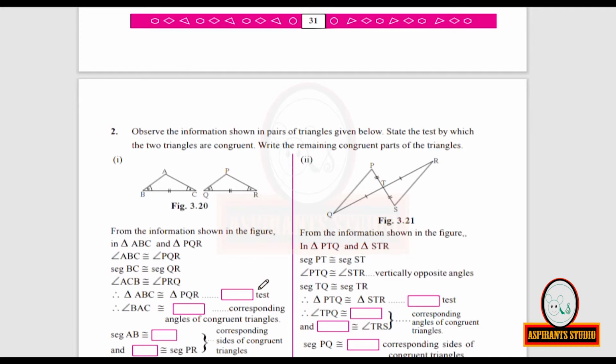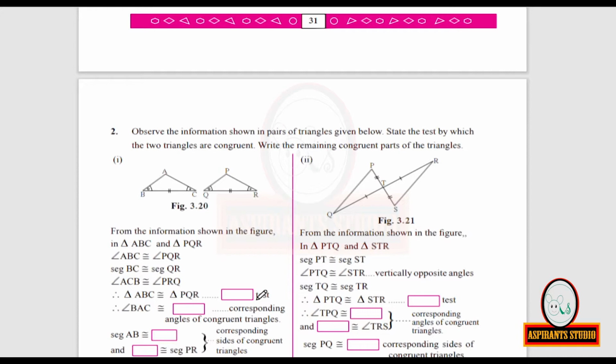Now we have to state the test by which these two triangles are congruent. Therefore, triangle ABC is congruent to triangle PQR by which test? A box is put over there. We have to analyze now.